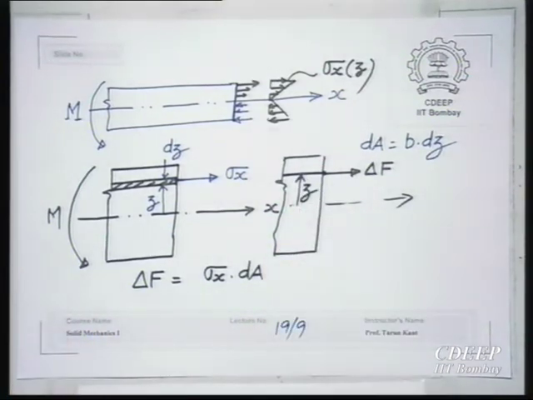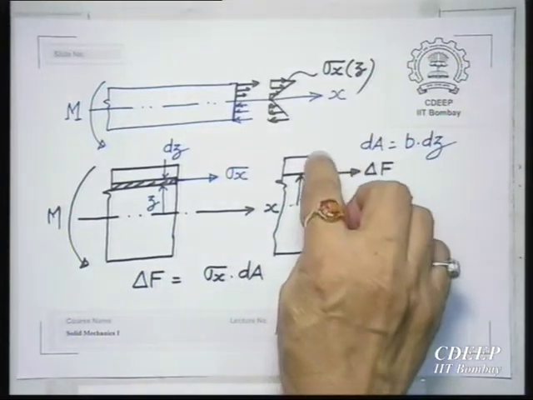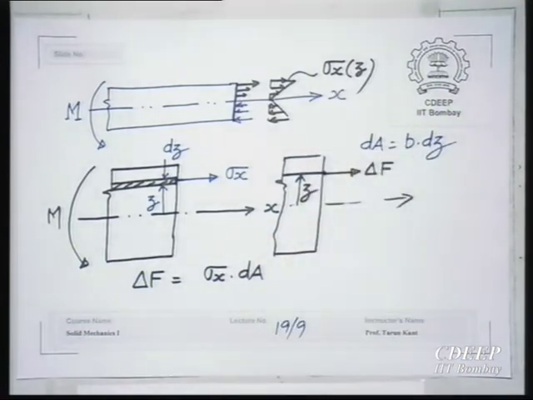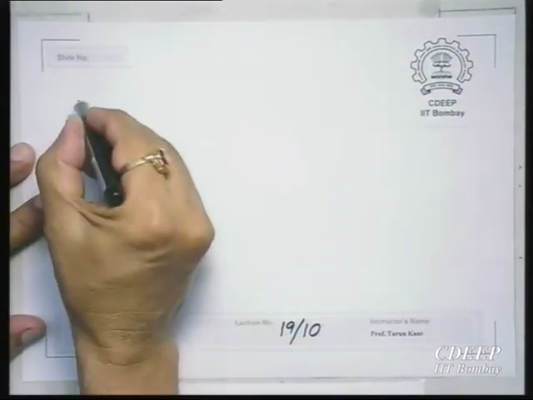Now, this force df is changing from top to bottom. It is not remaining constant because sigma x is changing linearly. It changes from top to bottom. So, let me try to do some jugglery. What is the total force F?